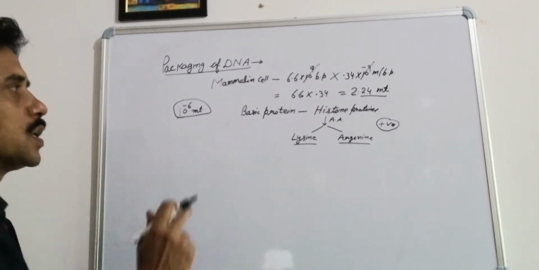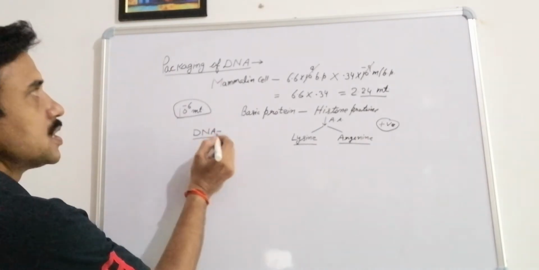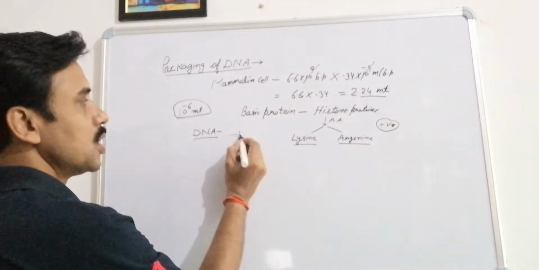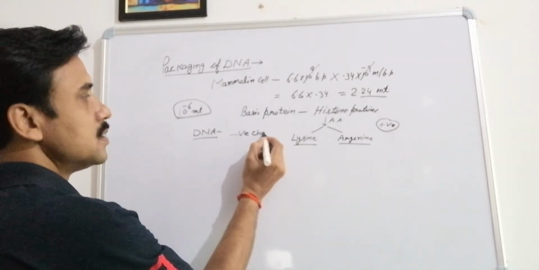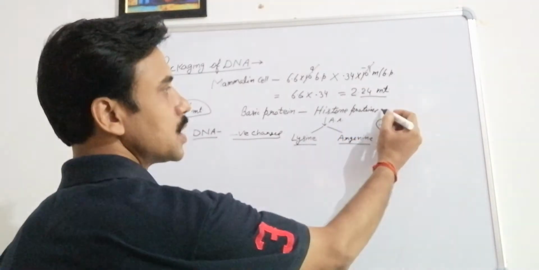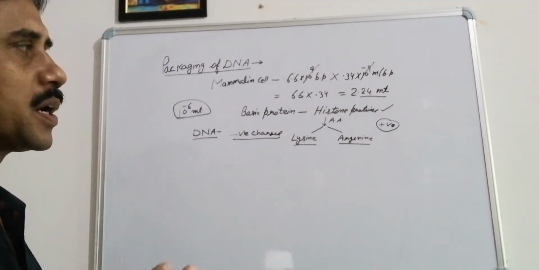The second thing is the DNA. The DNA molecule for which we are studying the packaging is itself a negatively charged molecule. So what happens? The histone proteins come in a group and form an octamer.